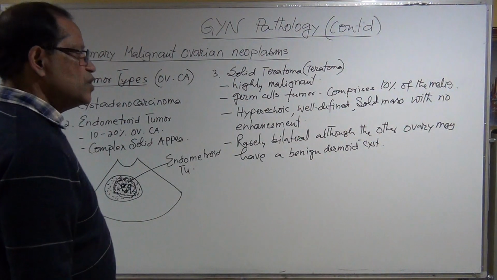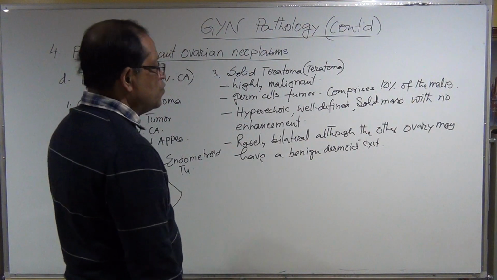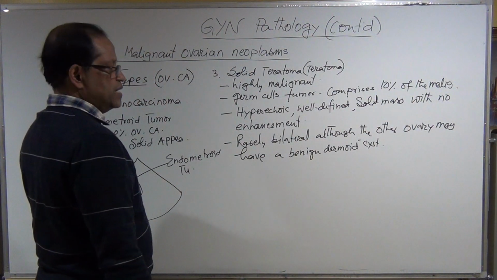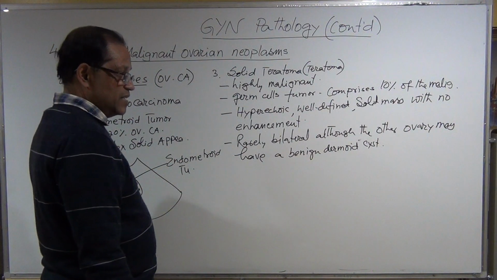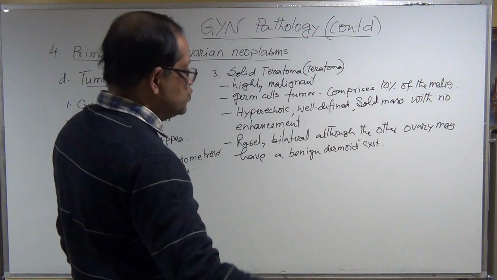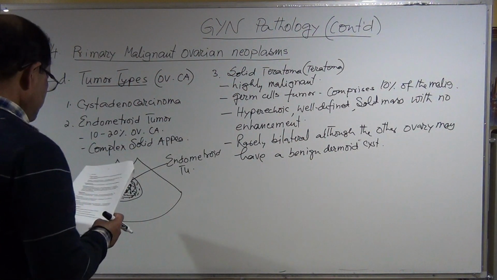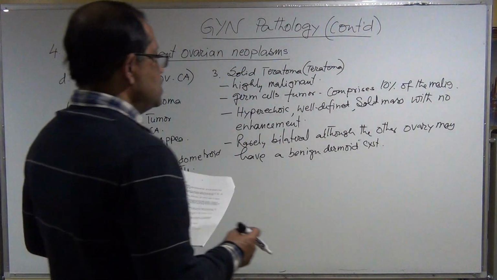Okay, and this is not good news. One ovary has a malignancy and the other ovary has a benign dermoid. They are destroying the ovaries, so fertility is poor for this patient. Okay, so this is solid teratoma.